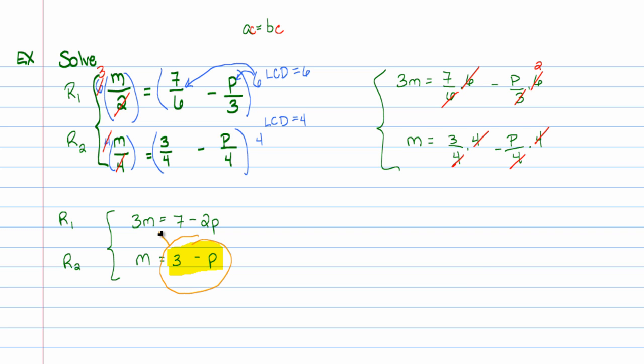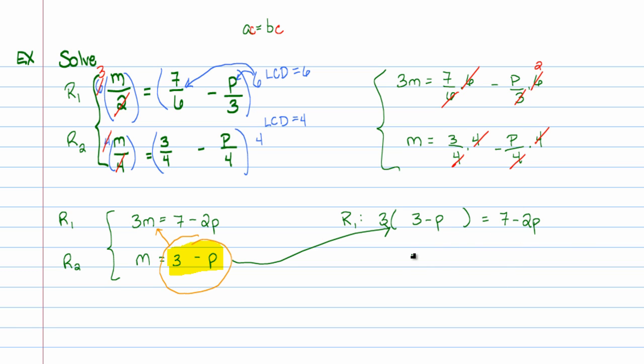Right? Because I know that m is just 3 minus p, so wherever I see an m in the top equation, I'll replace it. So row 1 will now be 3 times, instead of m, it'll be this picture here, 3 minus p. And the right-hand side I'll just rewrite as 7 minus 2p.